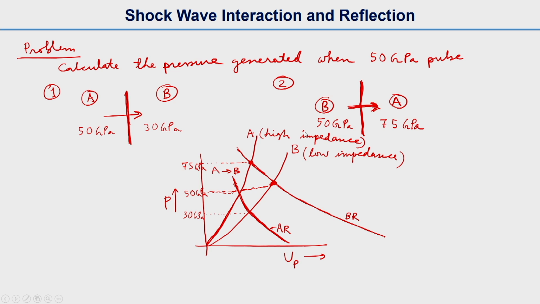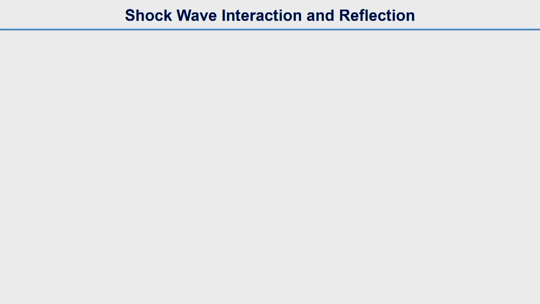So in the same figure we can show both the transmissions from medium A to B and B to A. So now I think it is clear from this problem. Then we will talk about superposition of two waves, that is interaction of two waves. So two shock waves interact with each other.